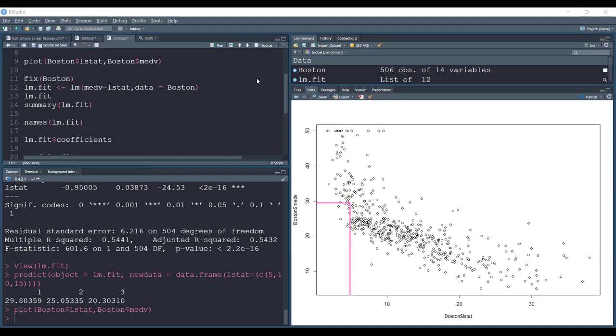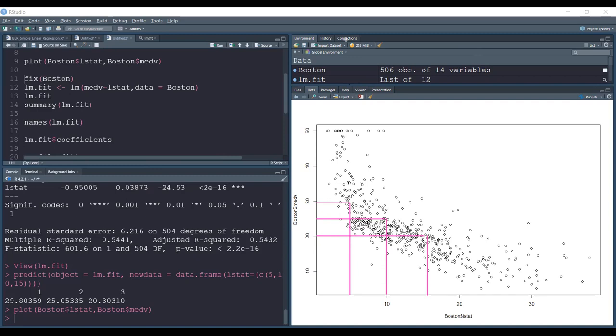Same thing for 10. For 10, we have 25. And for 15, we have 20. Which is to be expected. In what sense? The gradient is -1, right?